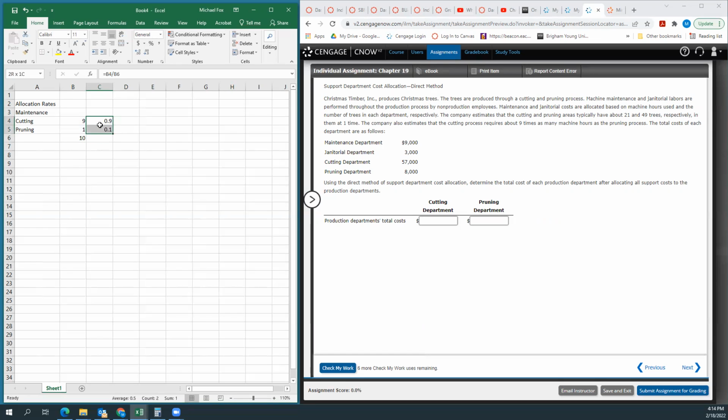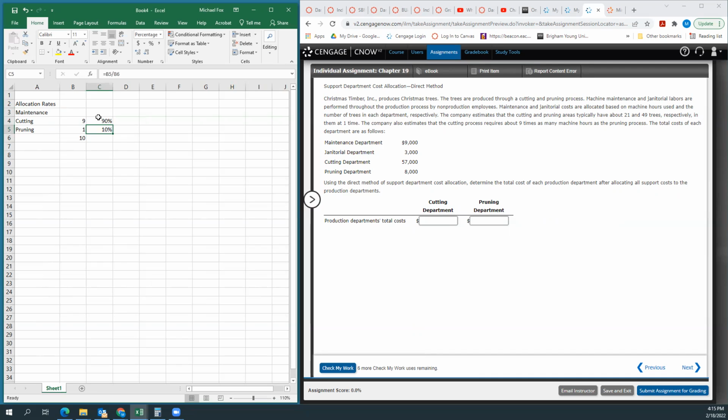So really what we're saying is 90% of the maintenance costs will be allocated to the cutting department, and 10% of the maintenance costs will be allocated to pruning.